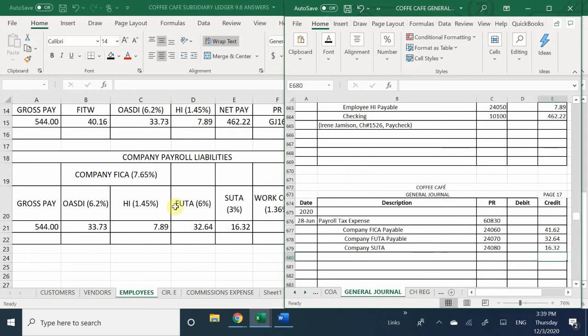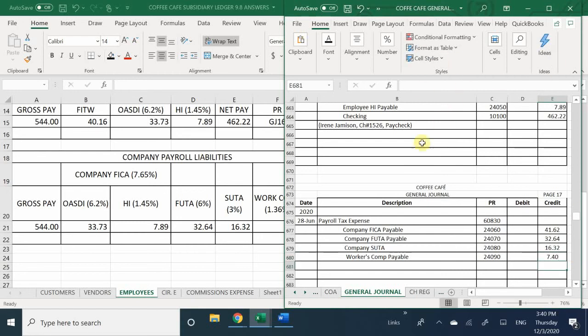And then last, I believe, is going to be our workers' comp payable, which is 24090. Okay, perfect. For what amount? Our amount on that one is $7.40.